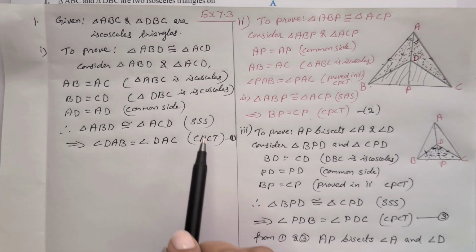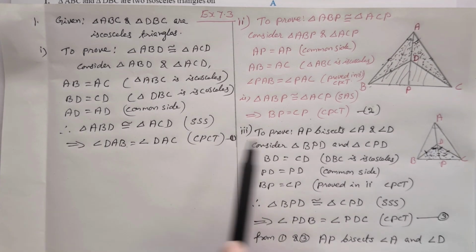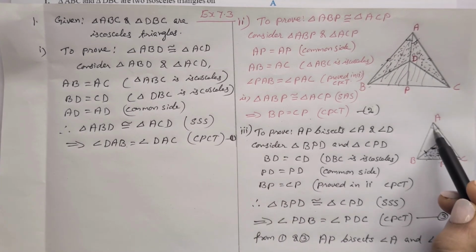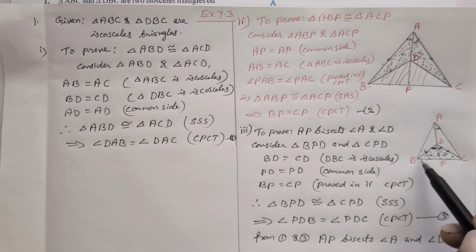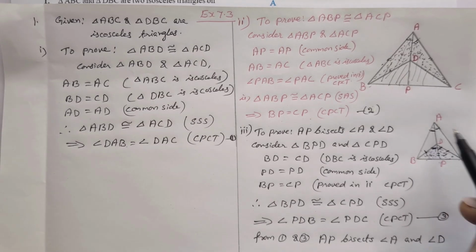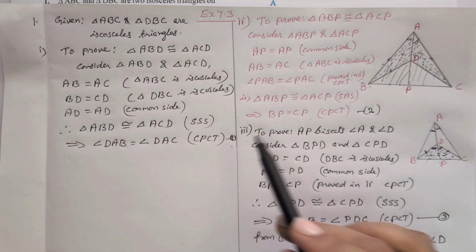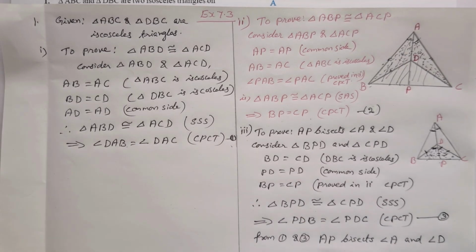Same way in the first proof, already we have written there DAC is equal to DAB. These two angles are equal. Now from 1 and 3 we can write AP bisects angle A and angle D. This line segment bisects angle A and angle D. So the third part is proved.